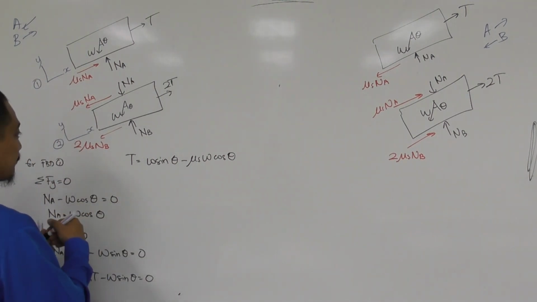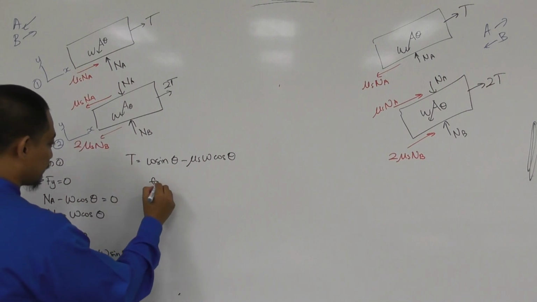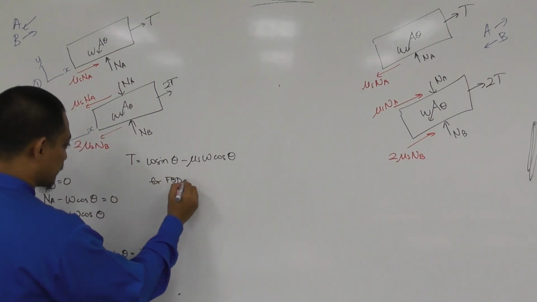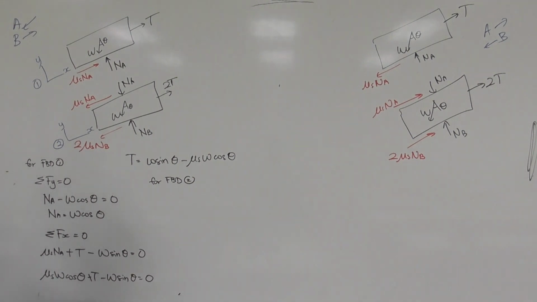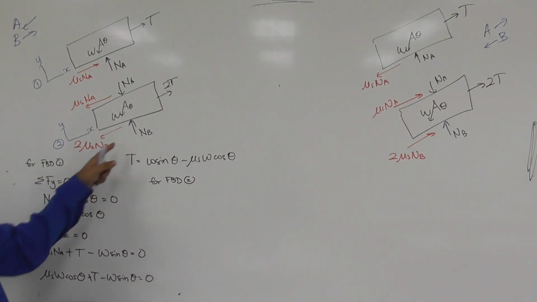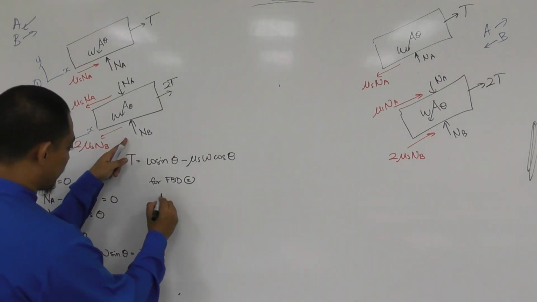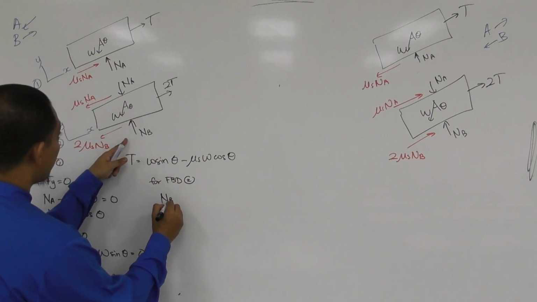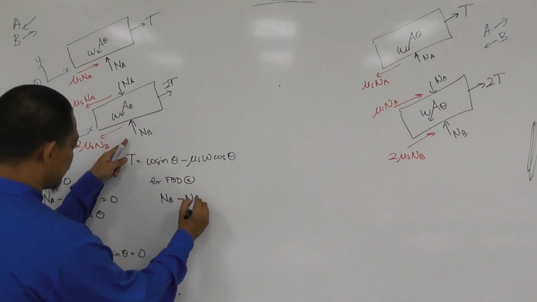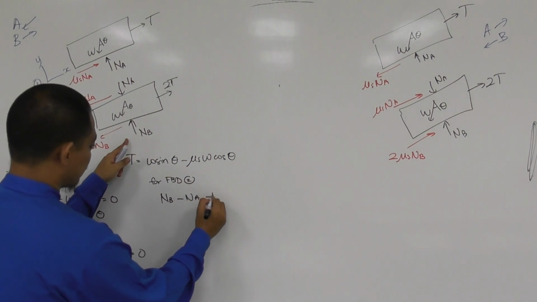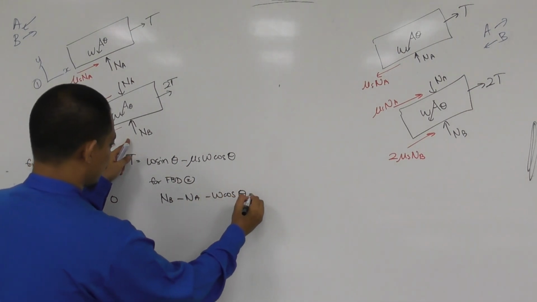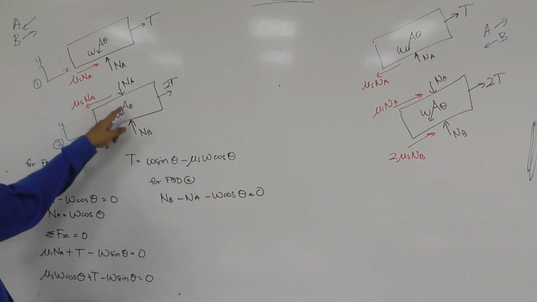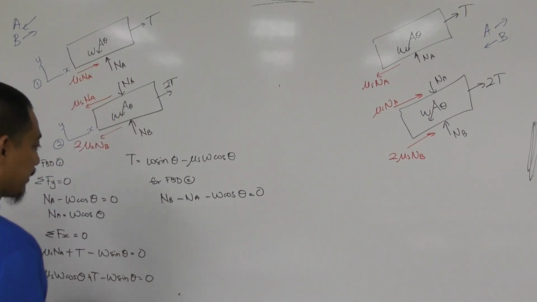What about free body diagram 2? So for free body diagram 2, in this case we'll have NB minus NA minus W cos theta equal to 0, right? This one and this one have Y components there.